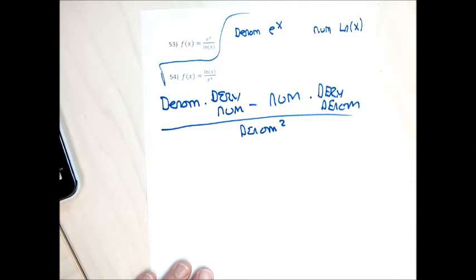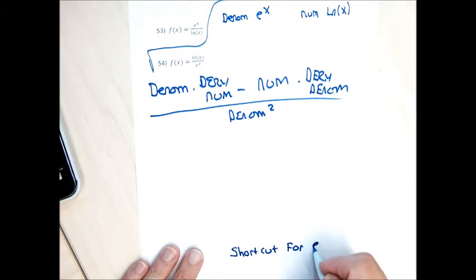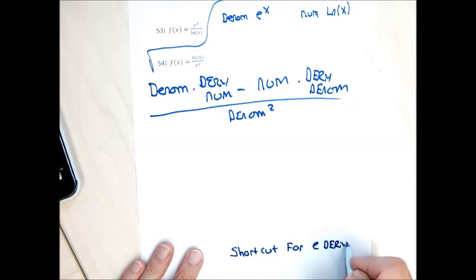And technically, to do the derivative of an e, there's a long involved formula, but the shortcut for finding the derivative of an e, just in case I didn't make it clear enough, is just the derivative of the exponent times the e function unchanged.